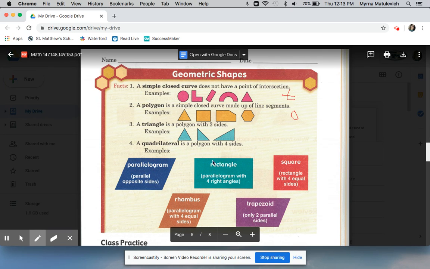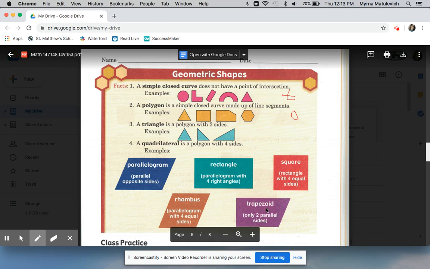In a rectangle, 2 are longer, 2 are shorter. A rhombus is a parallelogram with 4 equal sides. So these sides are all the same length, like a square, except it's not right angles. So it's more like a parallelogram in that way. This one is parallel to this one, and this one is parallel to this one, opposites.